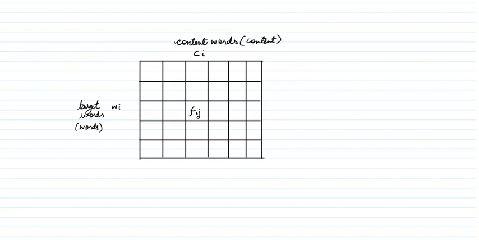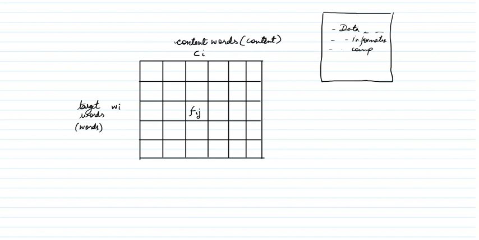So for a given corpus, suppose we have some words like data, then information, then computer, database, something like this.